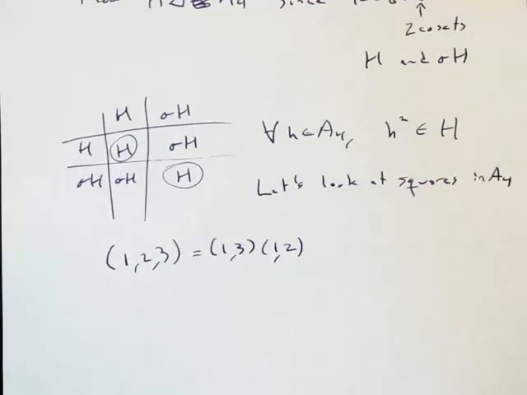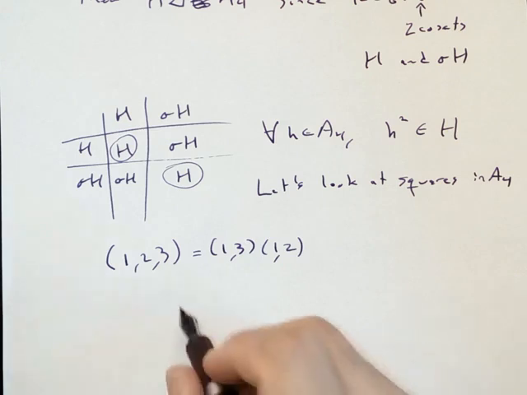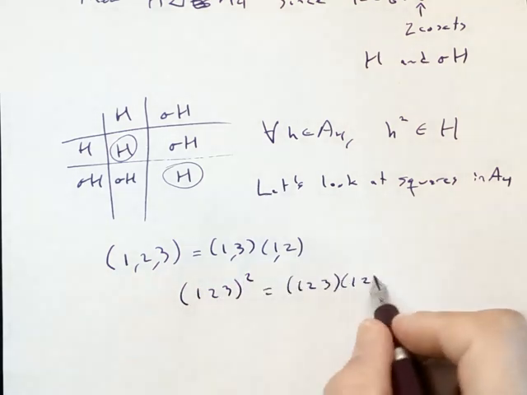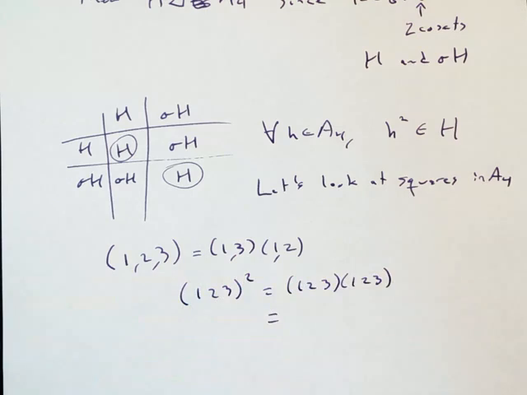That's an even permutation. (1 2 3). It's got length 3 in the cycle, but it's made up of 2 transpositions, so it's even. Great. What's (1 2 3) squared? You know how to multiply transpositions from right to left.